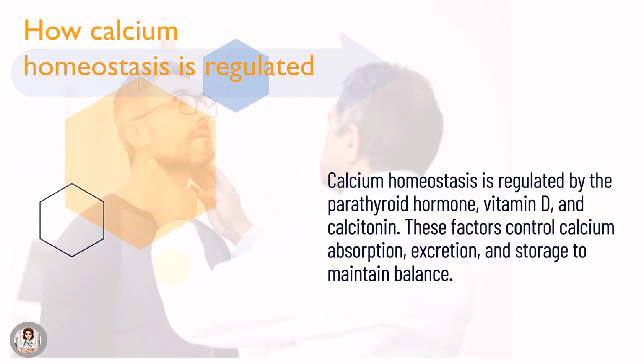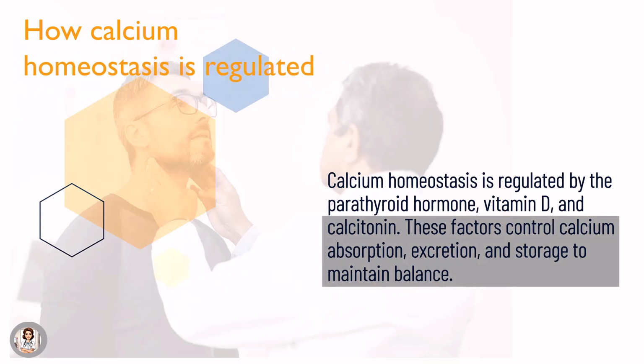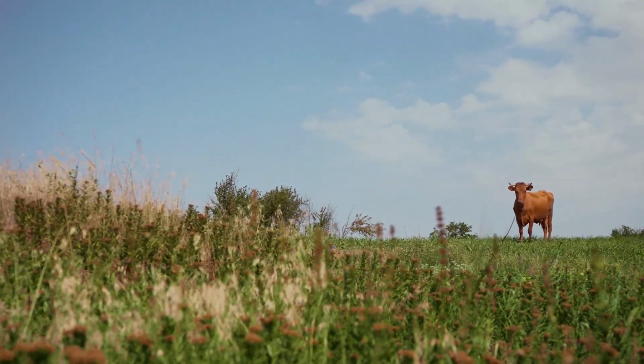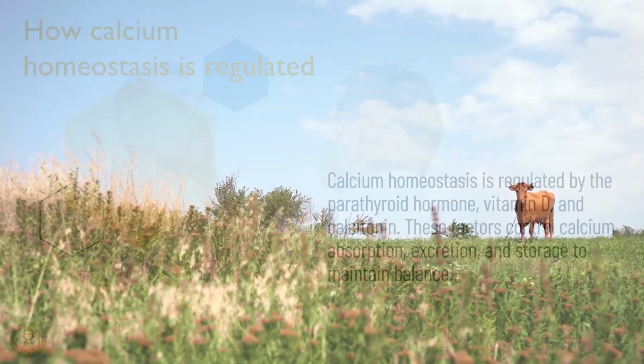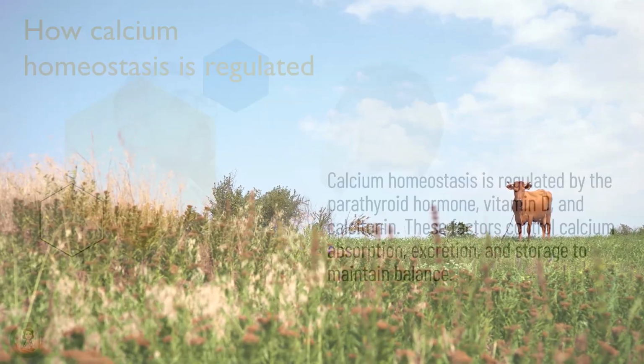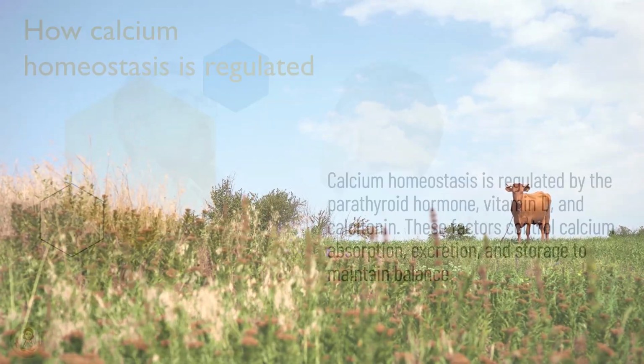How is calcium regulated? Calcium homeostasis is regulated by the parathyroid hormone, vitamin D, and calcitonin. These factors control calcium absorption, excretion, and storage to maintain balance. Calcium enters the body by dietary intake and absorption through the intestinal tract.